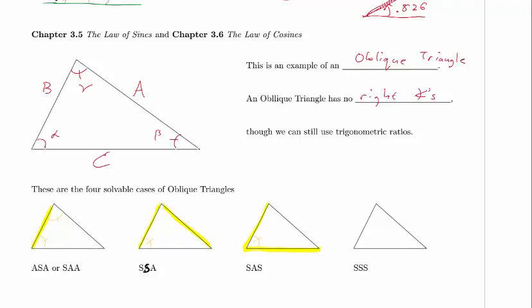All right, the next one is where we just know all three sides, and it looks like that right there. Again, the highlights simply mean the parts that we know.